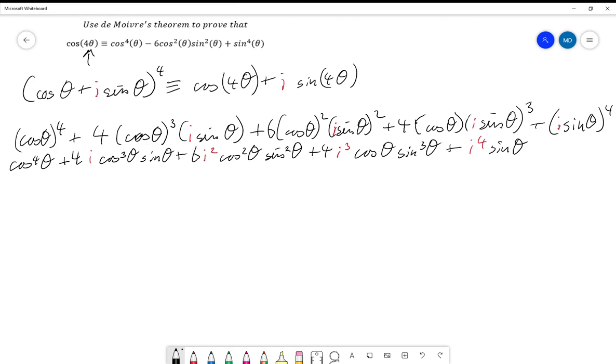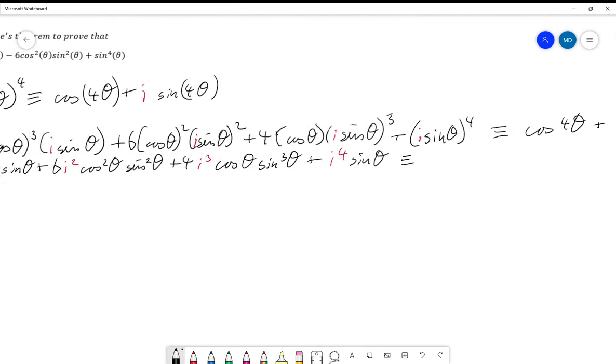And as always, that is still equivalent to cosine 4 theta plus i sine of 4 theta.